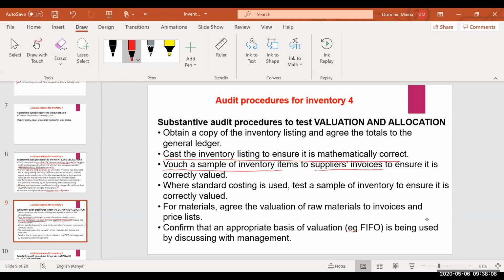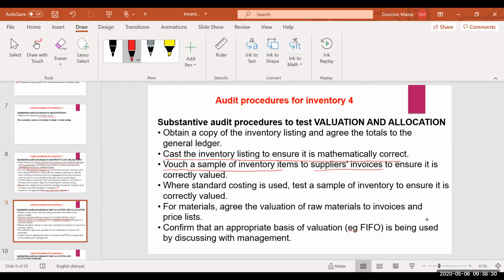I'm assuming that you still remember how to carry out the standard costing method: the labor, any cost you incurred. In short, you want to assess all the costs incurred in the production of that particular item. And of course, you can add the gross profit margin at the end of the day once you have obtained the total cost.